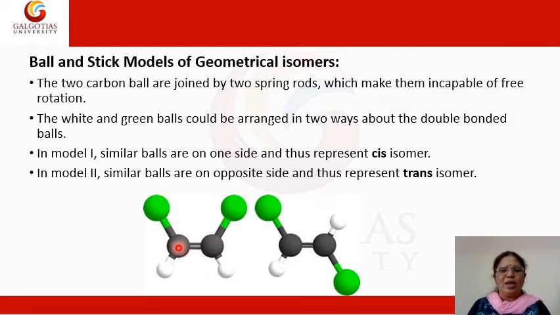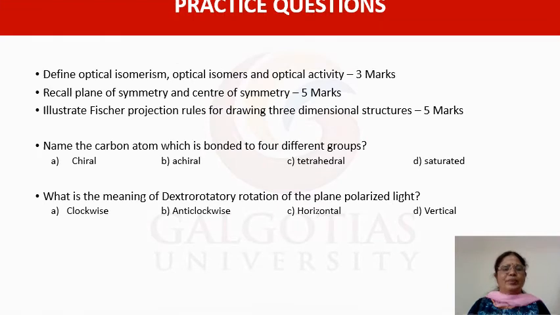In the first structure, the two green balls are on the same side of the double bond. So this model is a cis isomer. In the second model, the two similar balls, the two white balls and the two green balls, are on opposite sides of each other, and therefore this model represents the trans isomer.